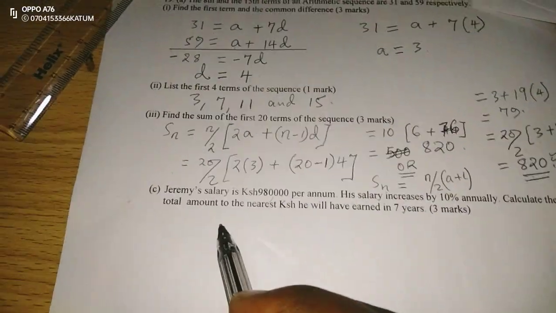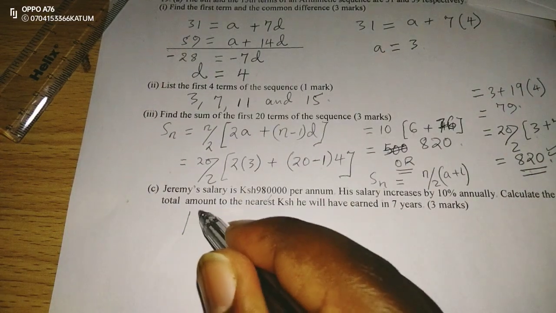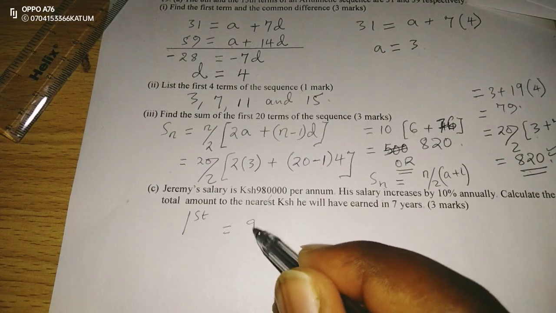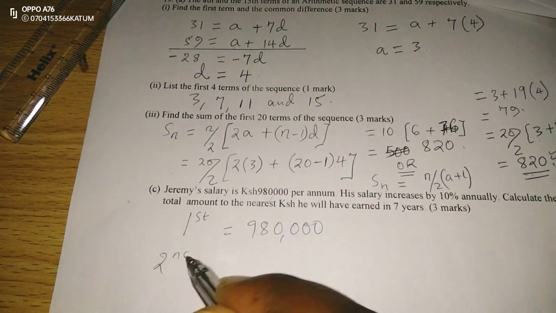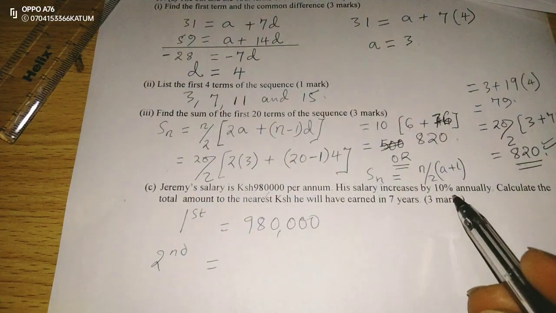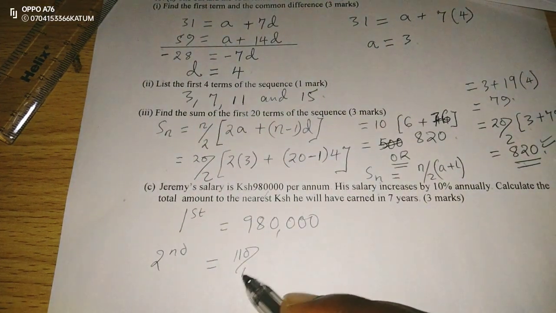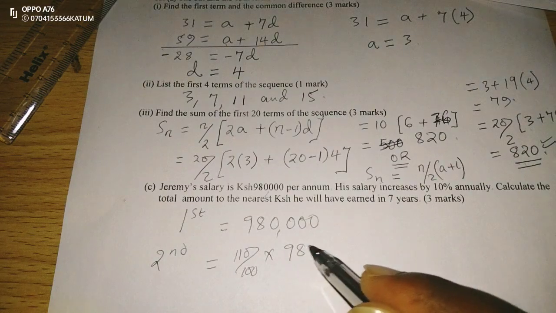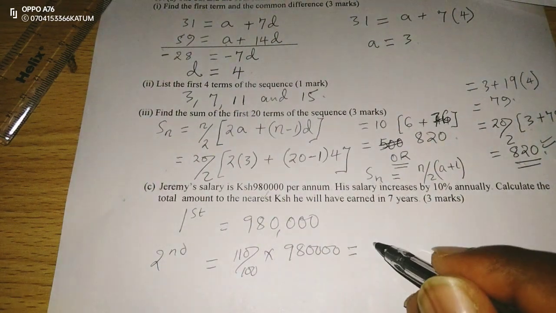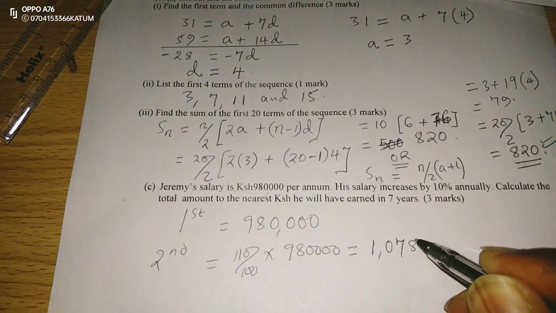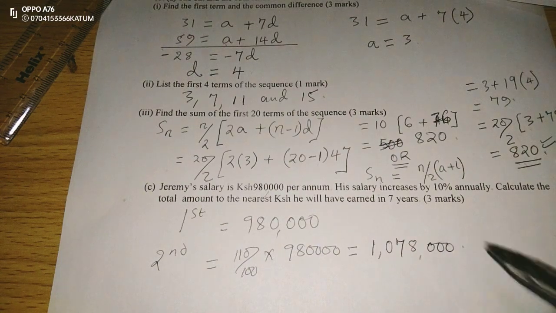So what we're going to do here is to have the first earning as 980,000. The second is going to be 110%, because it increases by 10%. So the second earning is going to be 1,078,000.